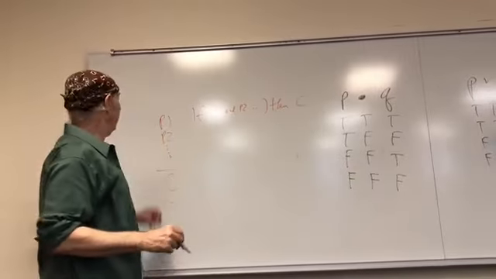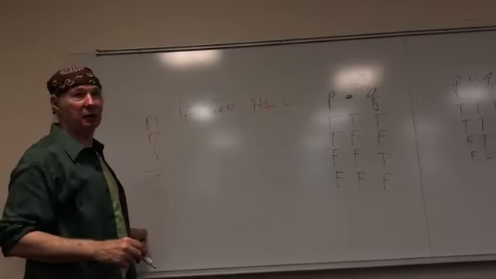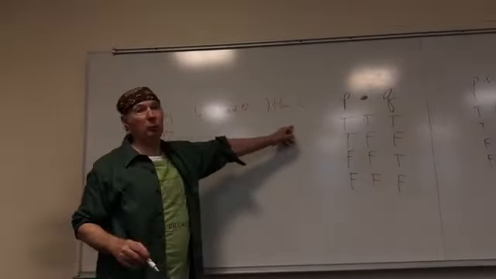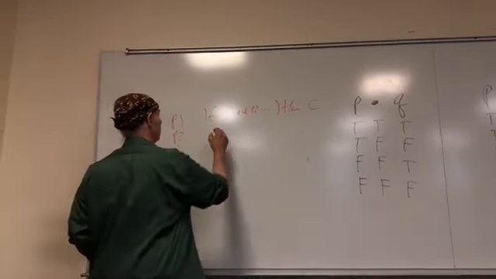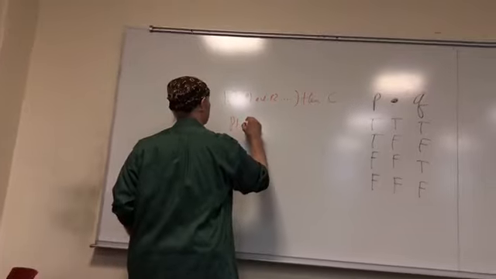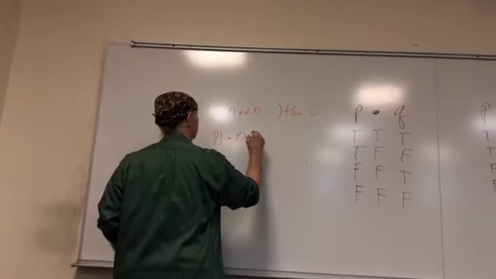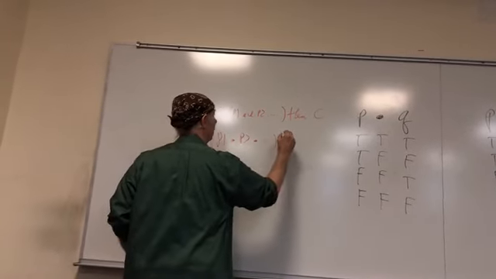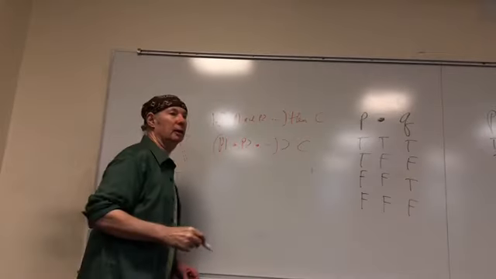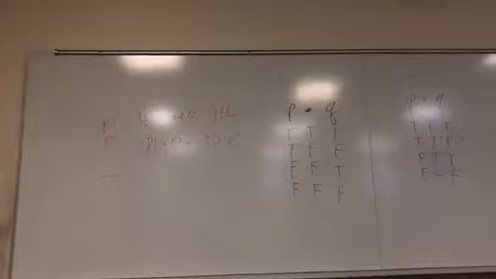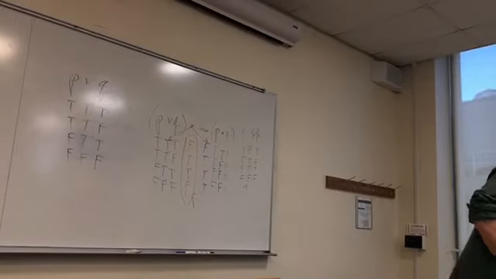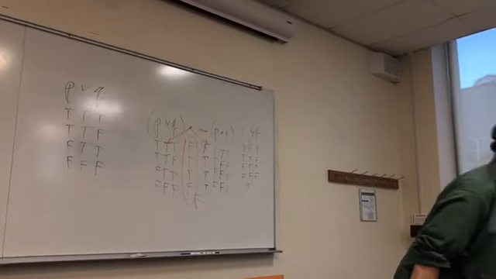So you can take any argument with this vertical structure and change it into a wff which has a horizontal structure. So it would look like this: P1 and P2 horseshoe C. So any argument can be changed into a horseshoe, and then you build the truth table for the horseshoe to determine whether or not the argument is valid.